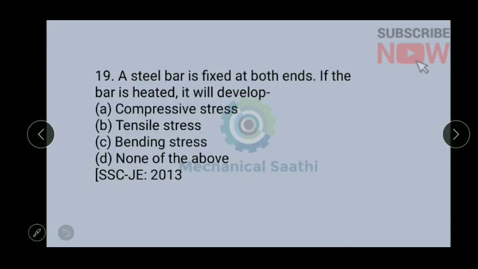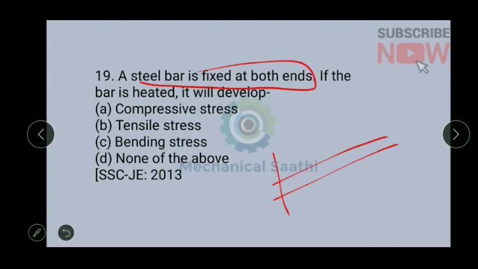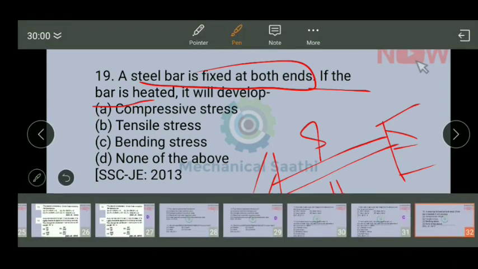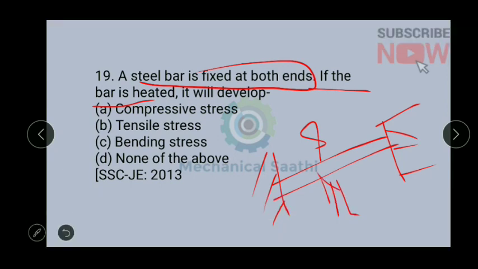Moving towards question number 19, a steel bar is fixed at both ends. Suppose this is a bar and it is fixed at both ends. The material given is steel. If the bar is heated, suppose we are giving some heat over here, then what will it develop? Basically thermal stress will be developed here, due to thermal expansion from heating of that material.